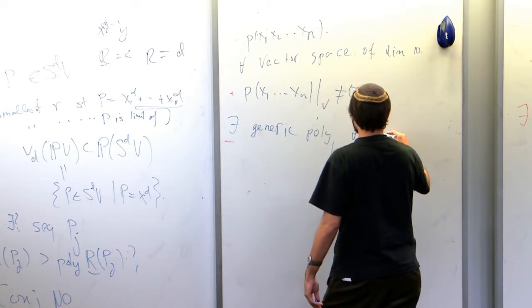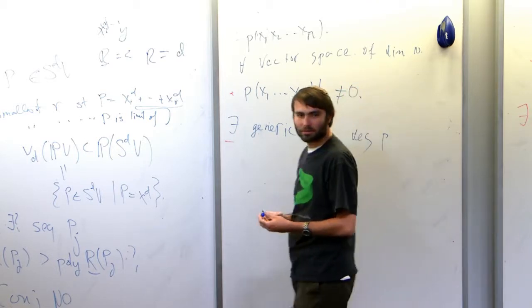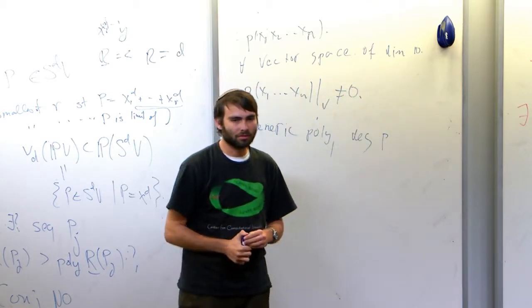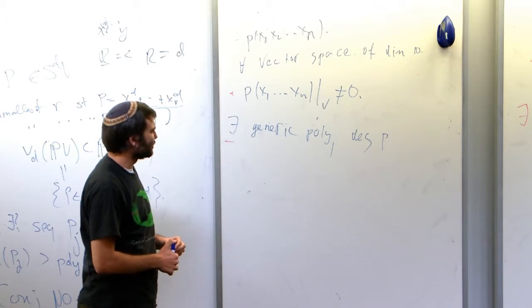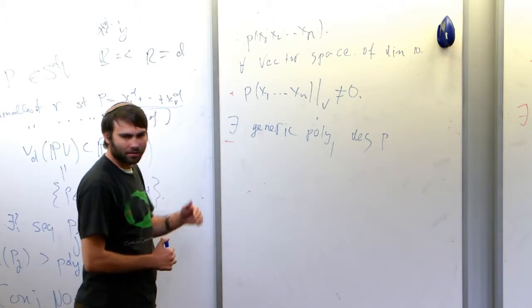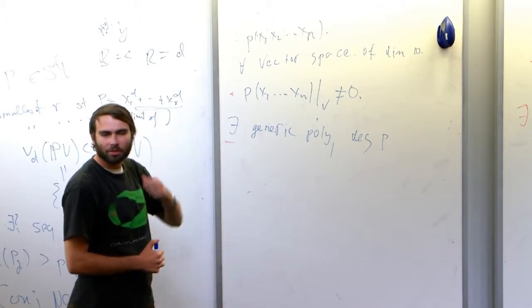But what happens with the elementary symmetric polynomial of degree 11? I can show that it will be 0 on some subspace.